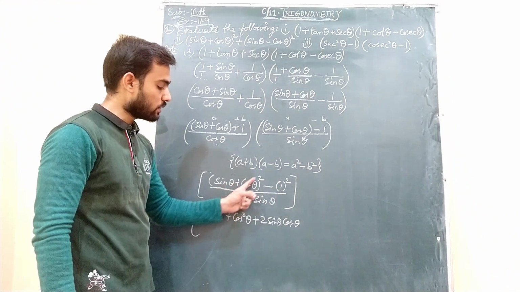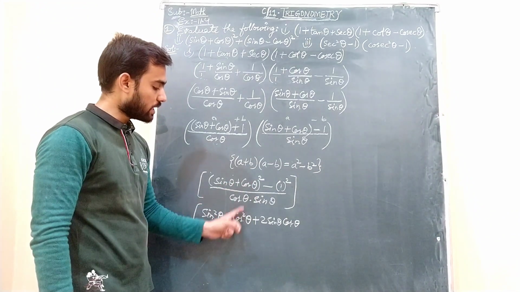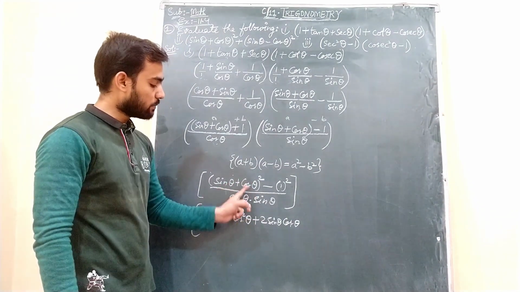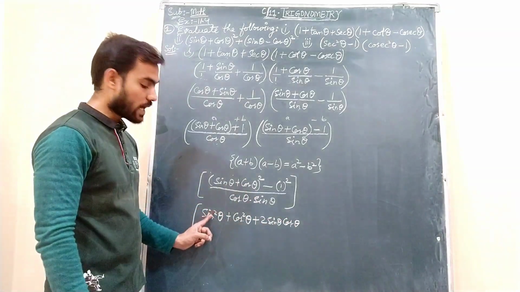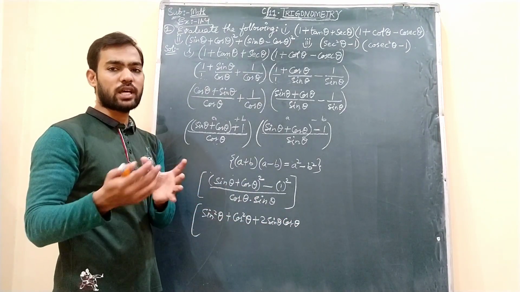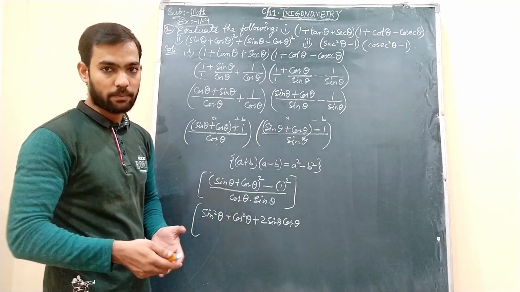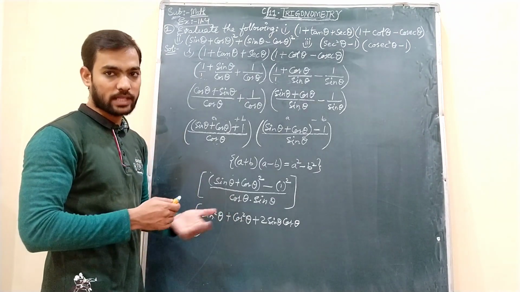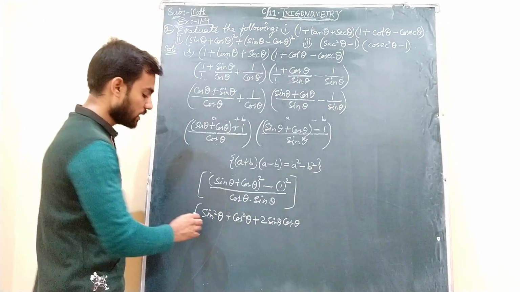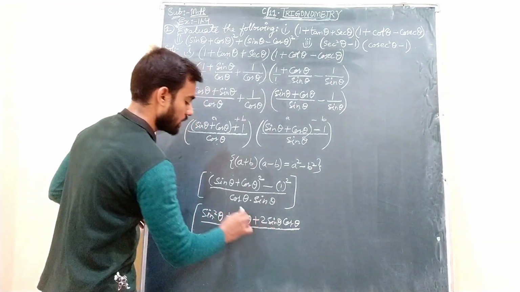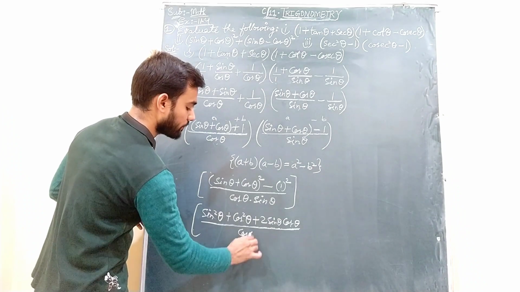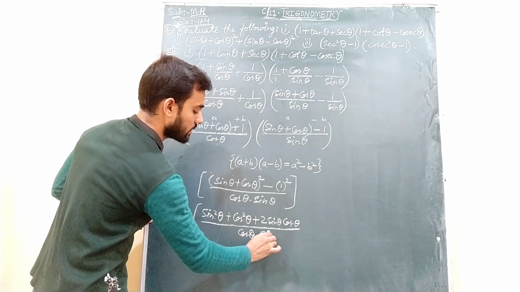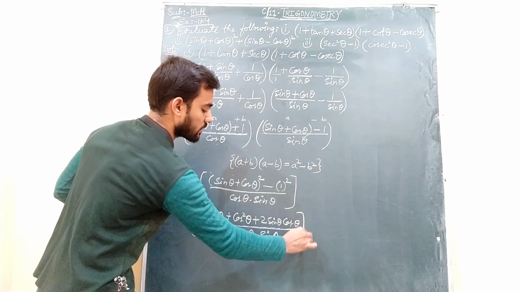It is like a plus b whole square. So a square plus b square plus 2ab. Okay. Whenever you are writing square, don't write sin theta square. You can write directly as sin square theta. Okay. Because if you write sin theta whole square, that square comes inside, it will become sin square theta only. Understand? Whole divided by cos theta into sin theta as it is.